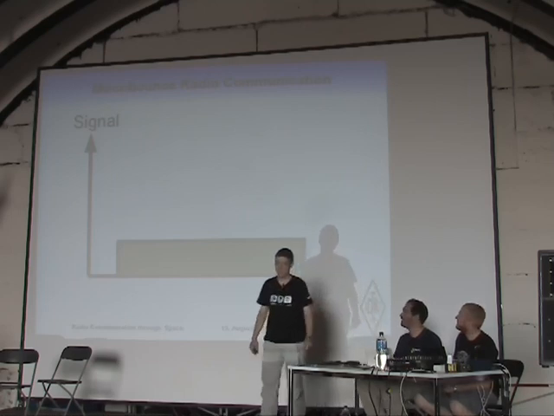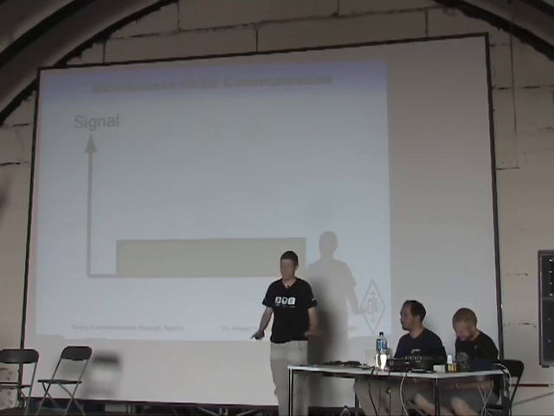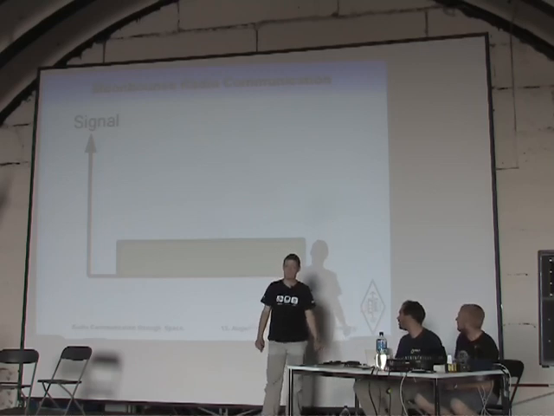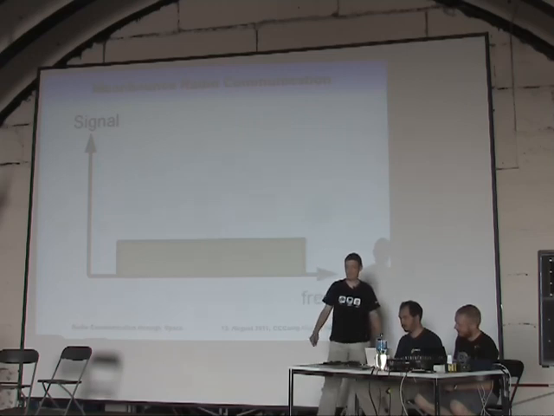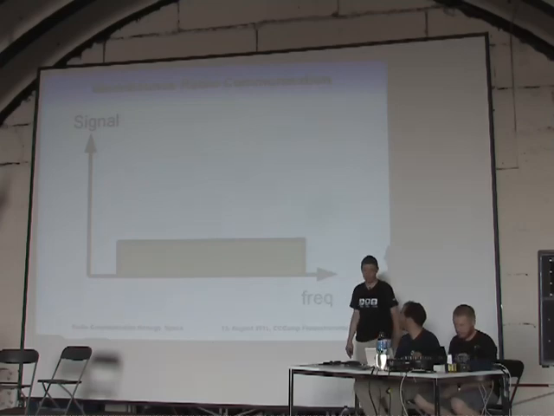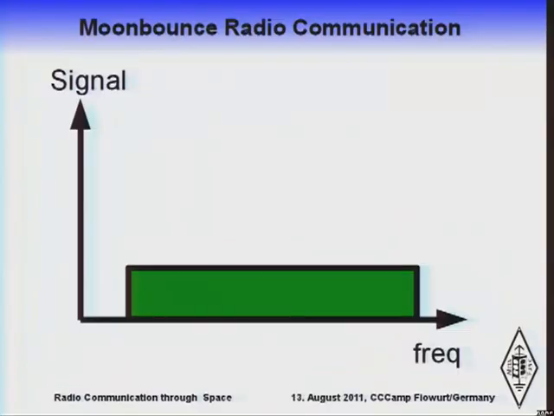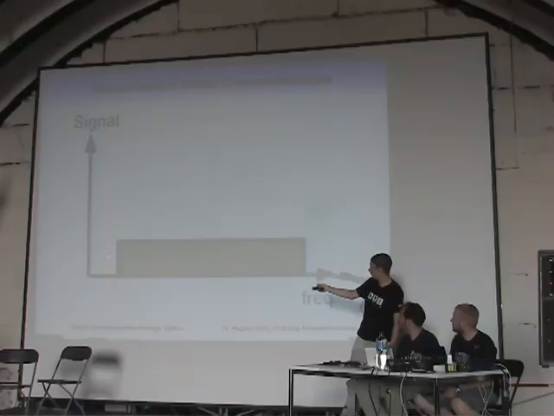Okay, so the easiest thing you can do to create a modulation that's getting really fast is increasing the power. So if you have a signal here, this is the frequency, and this is the amplitude of the signal. And this is your signal.